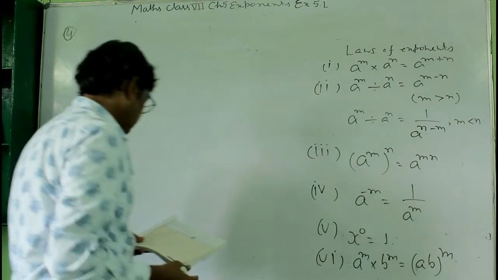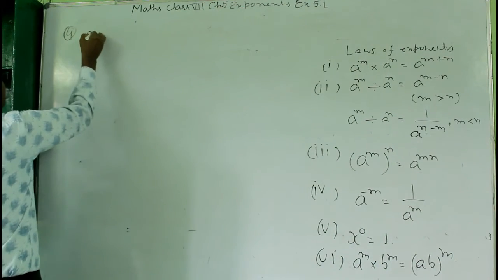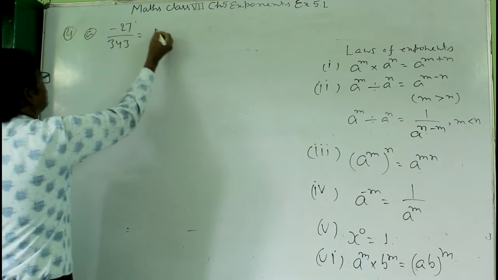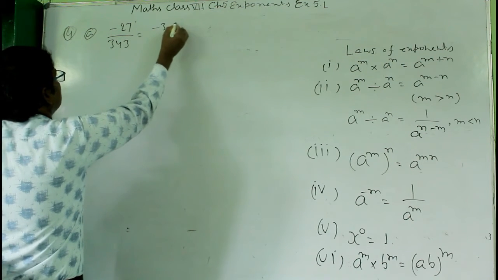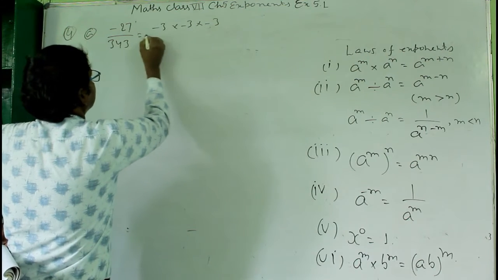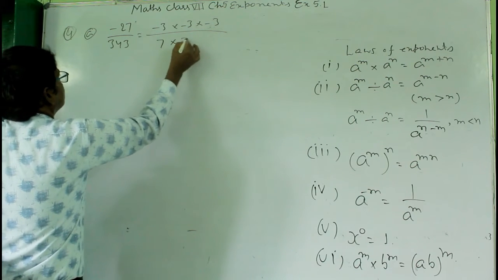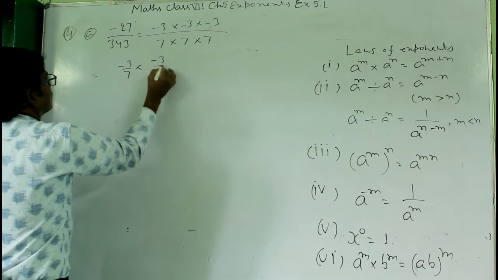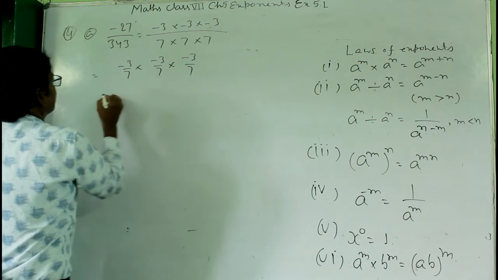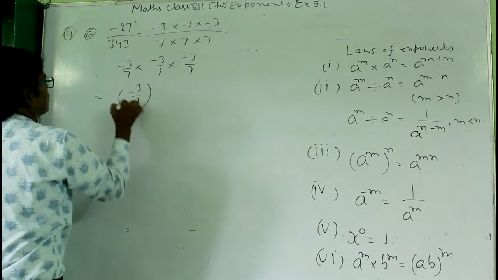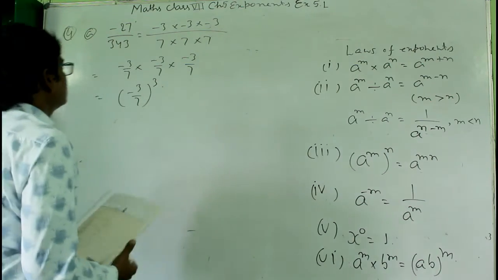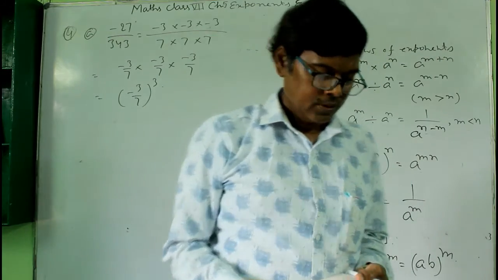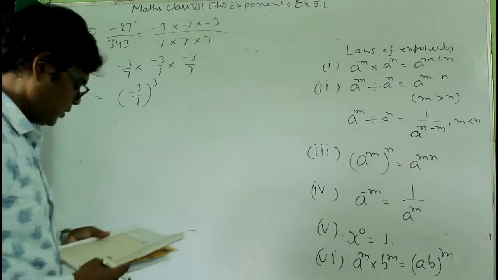Okay, so minus 27 by 343. Write 27 as minus 3 into minus 3 into minus 3, and this is 7 into 7 into 7, that is minus 3 by 7 to the power 3. This is the exponential form of this rational number. And similarly you can do the other questions also.